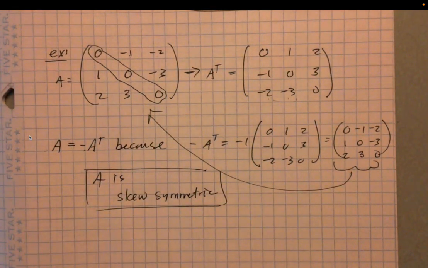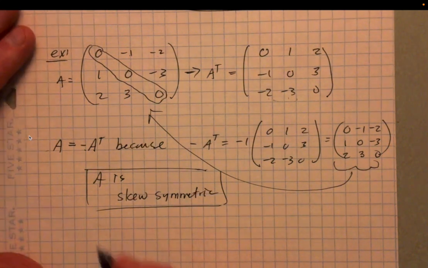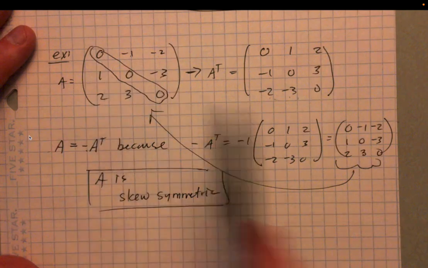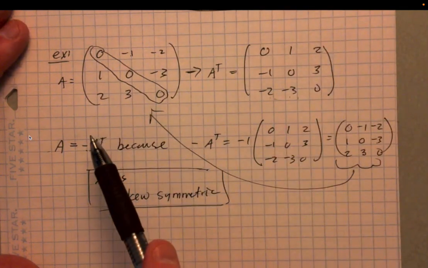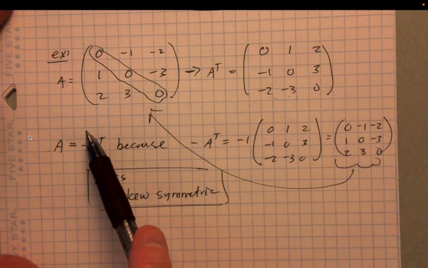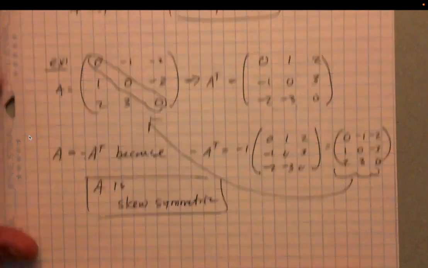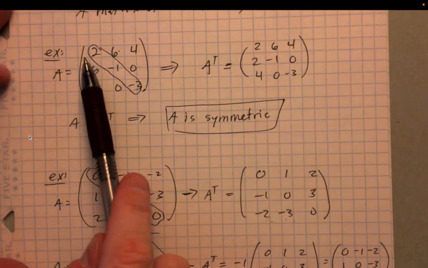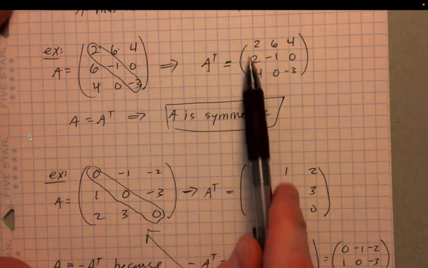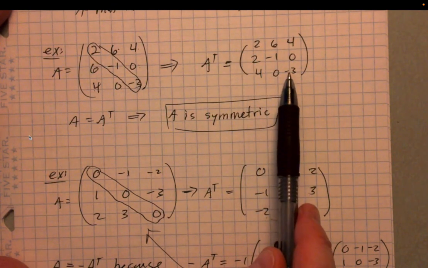Now, something to notice here is that the main diagonal elements of a skew symmetric matrix must be equal to 0. They must be equal to 0, and that's because they're the only elements that don't change places during the transpose. So if you notice up here, for example, 2, -1, 3, 2, -1, -3, they don't change place. And I guess it's clearer in this example.